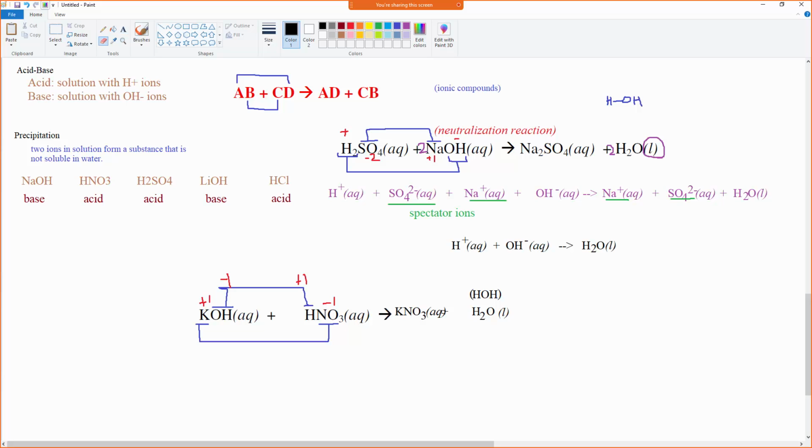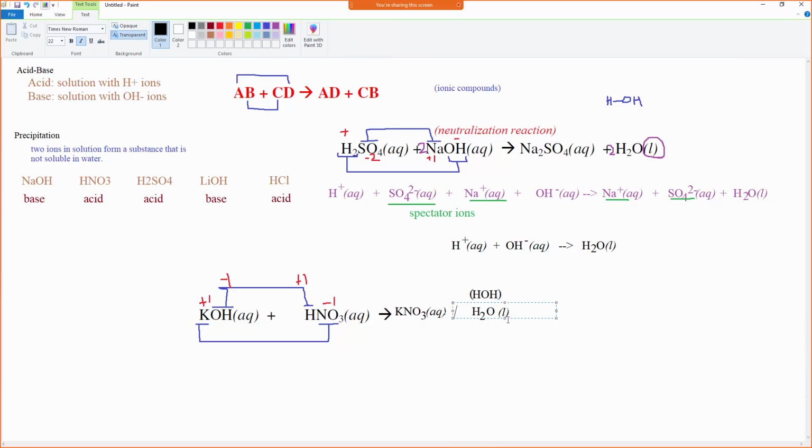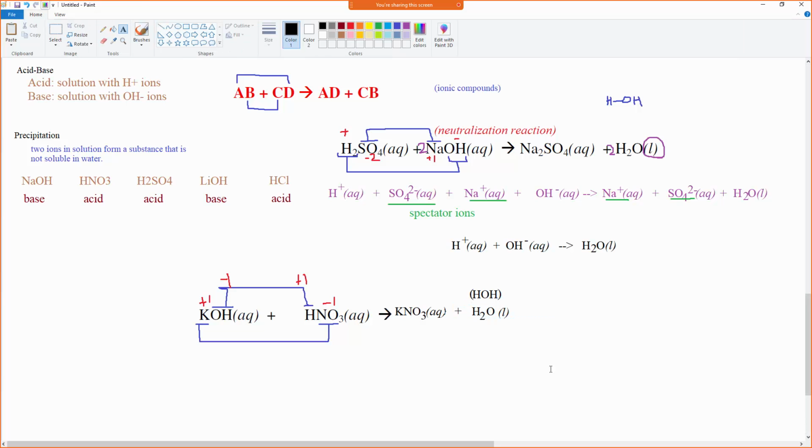All right, so there's my equation. Do I need to balance it or is it already balanced? It's okay, yeah, it's already balanced.